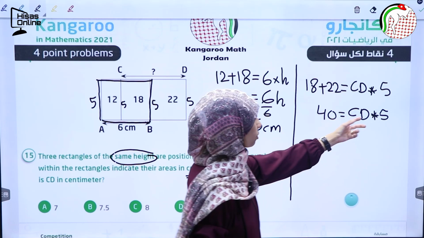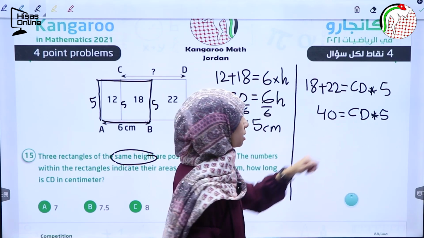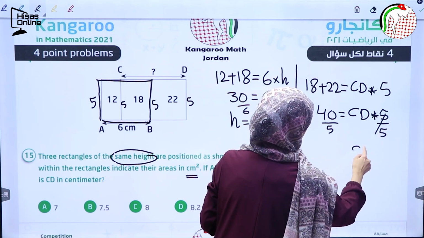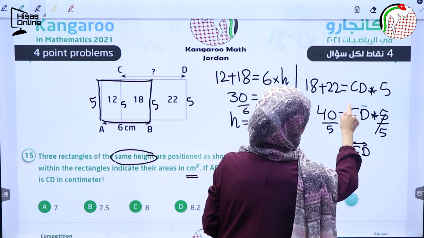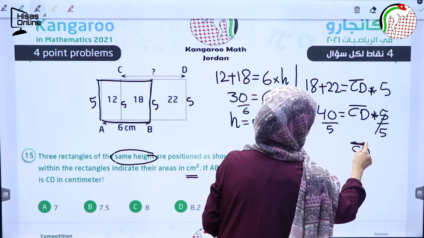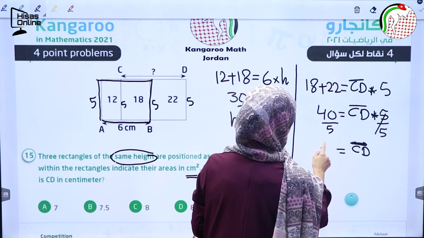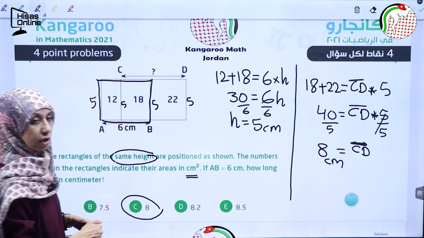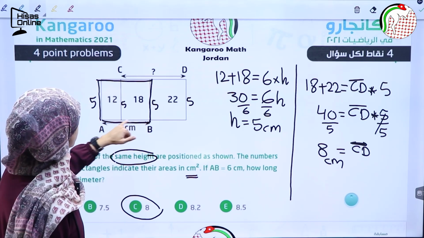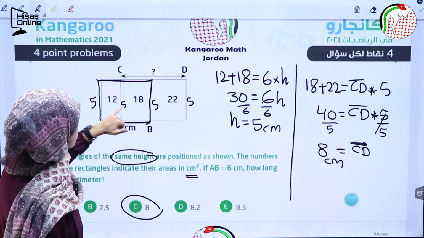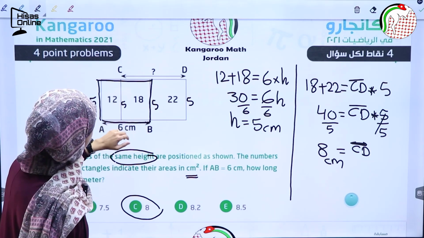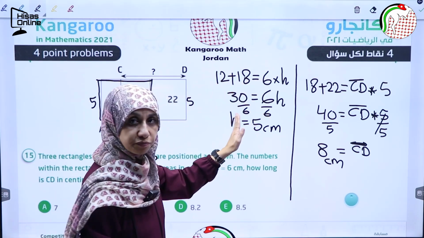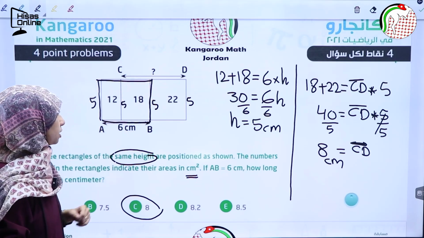This is another equation because CD is a missing number, so I can easily divide by 5. So the length CD here is 40 divided by 5, which is 8 centimeters, so C is the right answer. So based on the information that the area of any rectangle equals length times width, or times the height here, that helped me to find the missing length, which is CD.